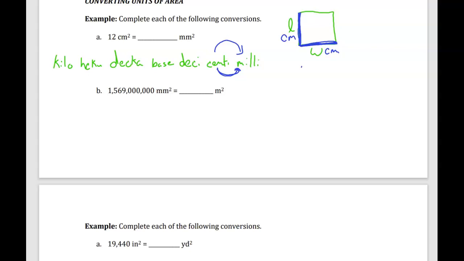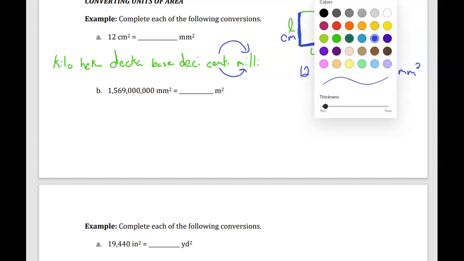So whenever I want 12 centimeters squared, and I'm going to go to millimeters squared, I am going to first jump here for 1 of the centimeters, and then I'm going to jump here for the other centimeter, so I jump twice.